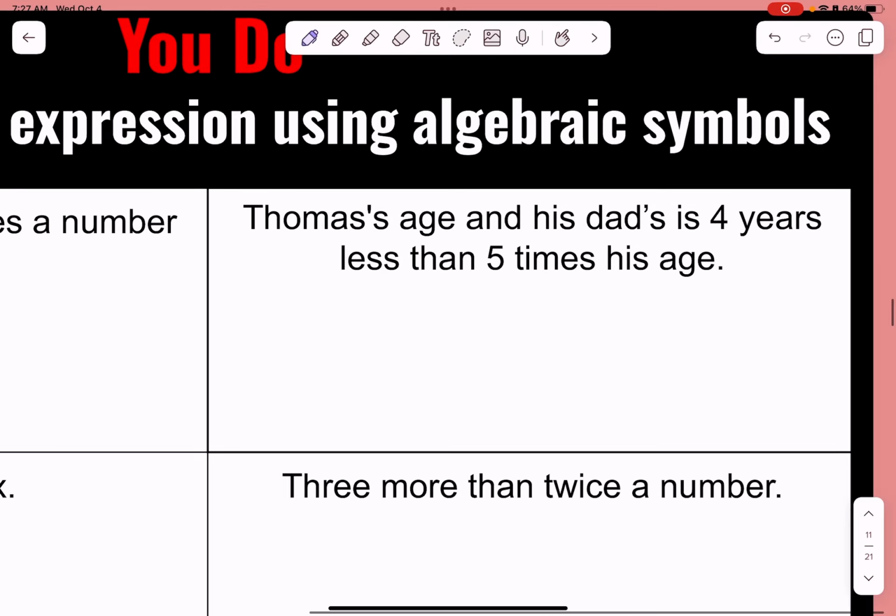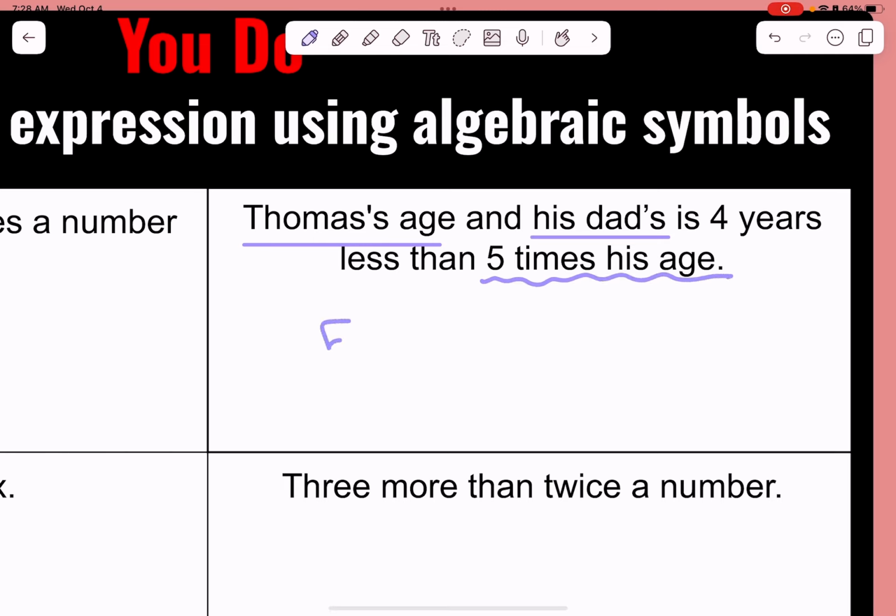And the next one, Thomas's age and his dad's age is 4 years less than 5 times his age. So we have less than, we switch order. Over here, 5 times his age, I'll put 5 times, you could put x, but I'll just put a for age.